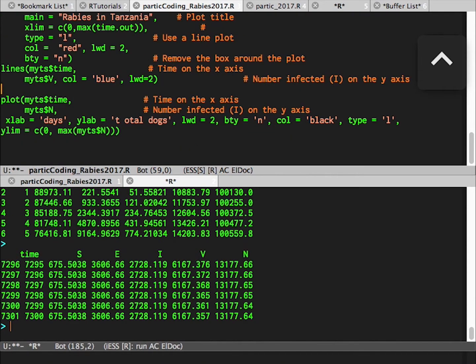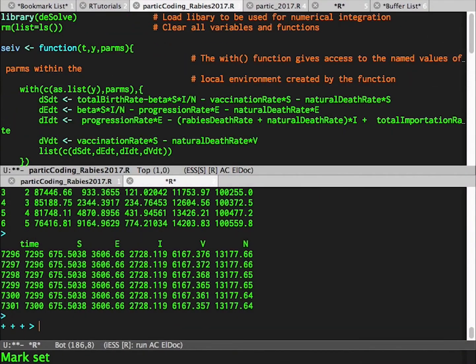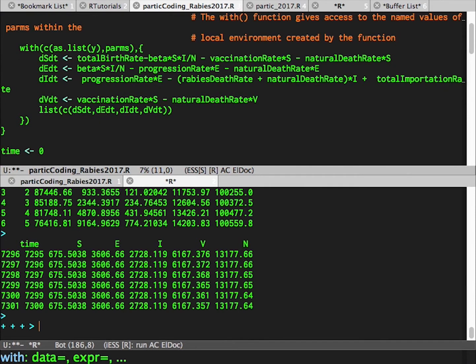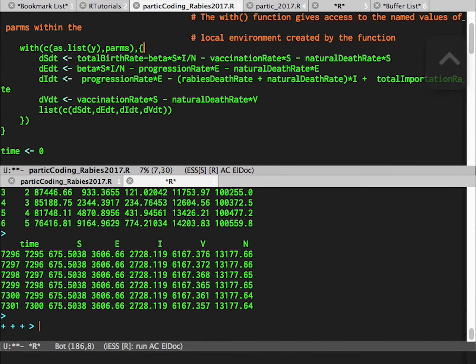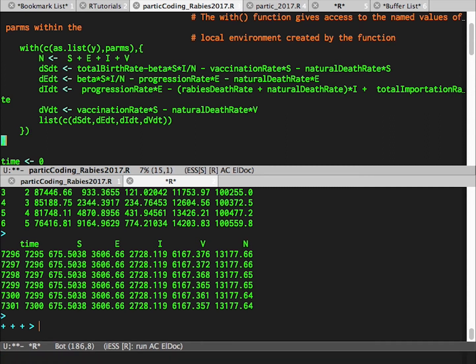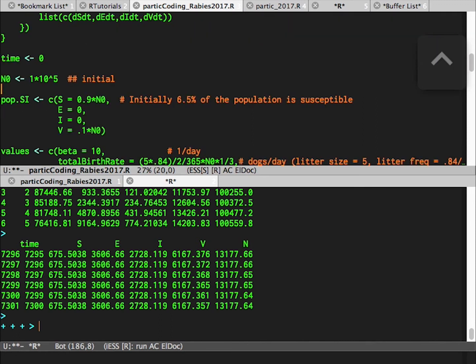You still have N equals N naught in the base setting of parameters, but N is variable, it's not constant. What gets used in the model is that N from the values. So we need to fix that. We need to put N is equal to S plus E plus I plus V in here, and be a little more careful. Thank you. That could have been part of the problem.